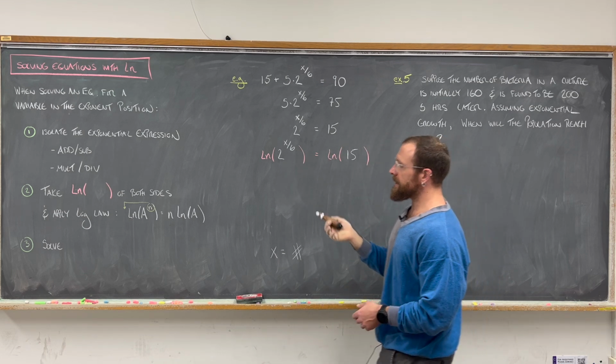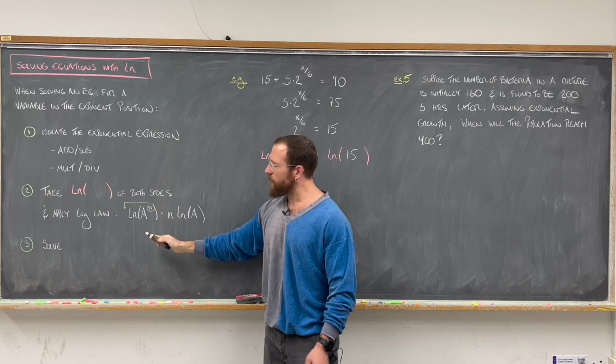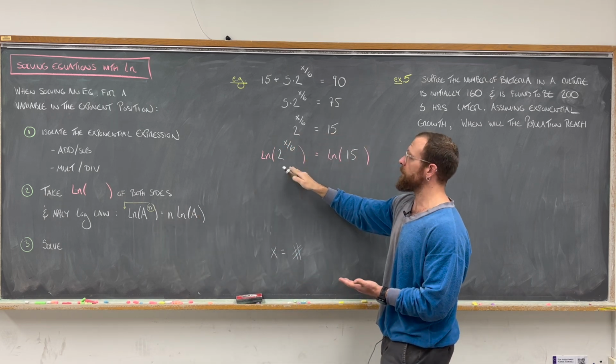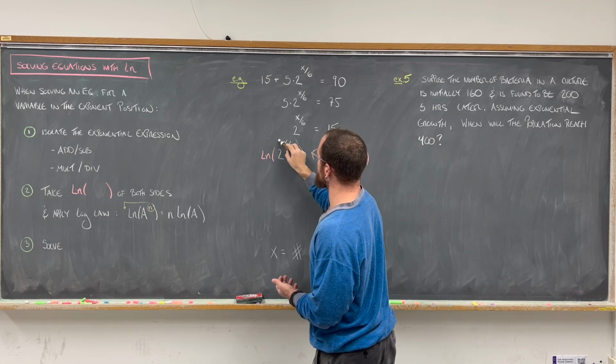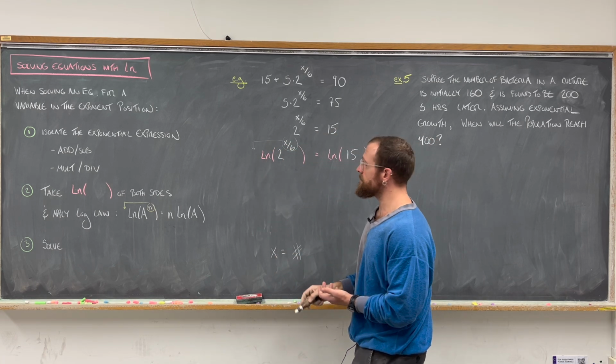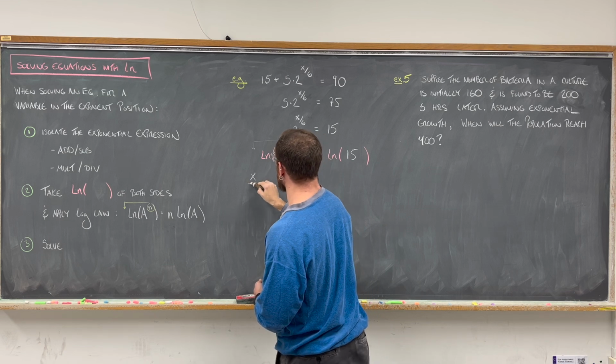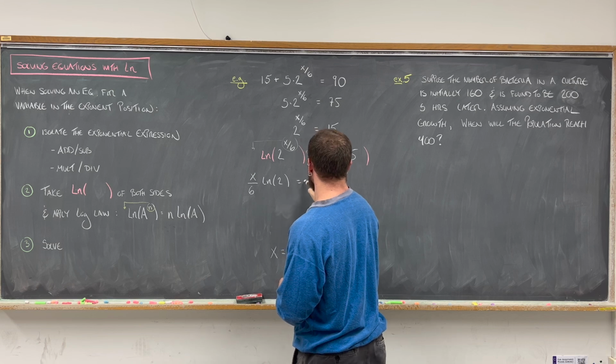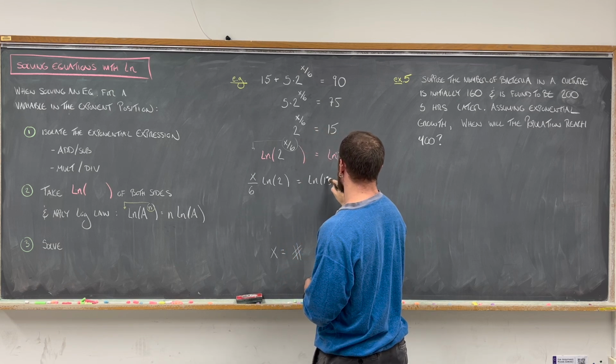All right. And at the same time, you might even just write it down right away. I'm going to use the log law. This is the whole reason why I'm taking the logarithm of both sides, because I get to bring this exponent out front as a coefficient. So now I have x divided by 6 times the natural log of 2 is equal to ln of 15.